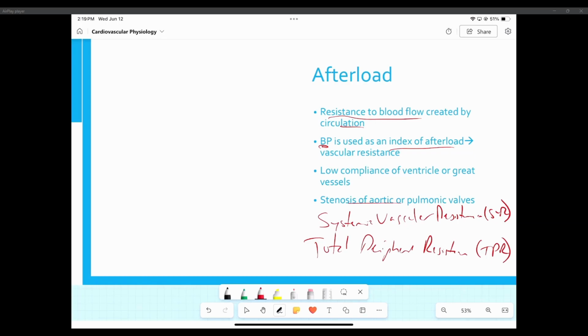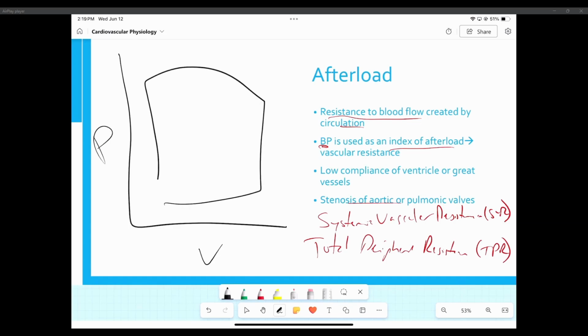So, let's draw out our pressure volume loop again. So we said before that B was our preload. Let's look at A. I'm sorry, not A. From B to C, what is going on in that segment? What are we doing?